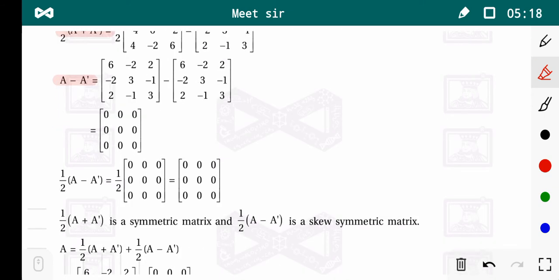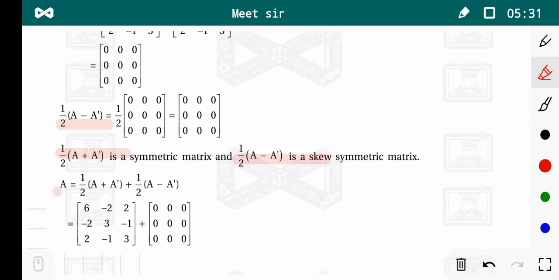After finding this, we find 1 half (A minus A dash), and we know that by theorem number 1, 1 half (A plus A dash) is a symmetric matrix, and 1 half (A minus A dash) is a skew symmetric matrix. And by theorem number 2, A is equal to 1 half (A plus A dash) plus 1 half (A minus A dash).